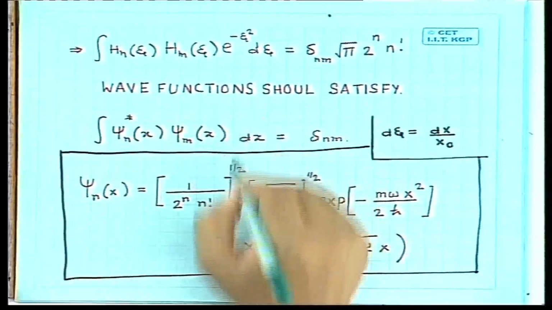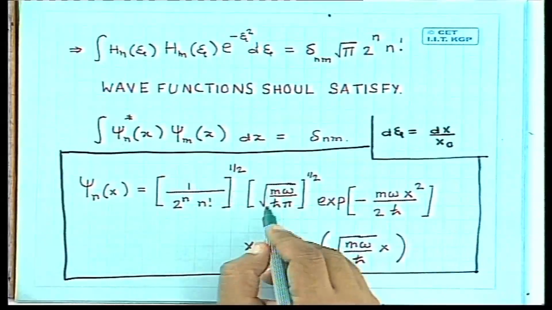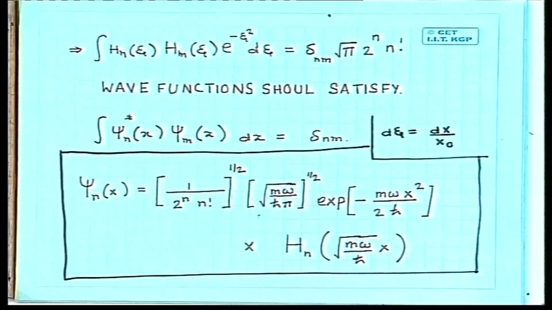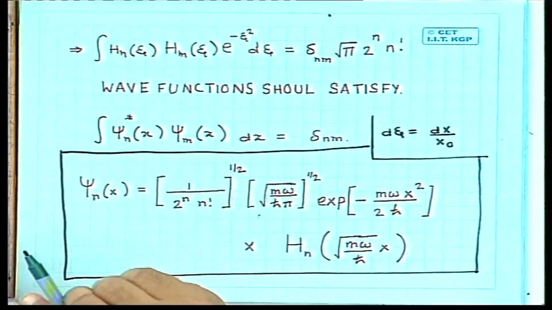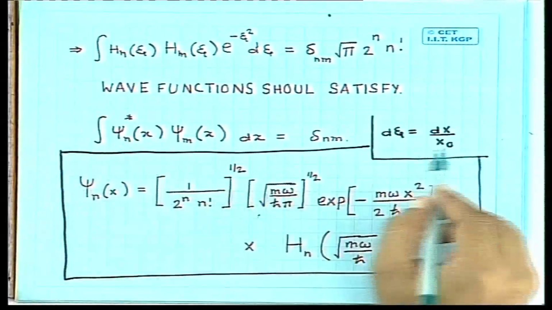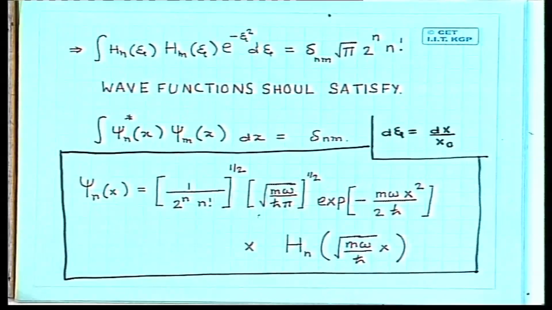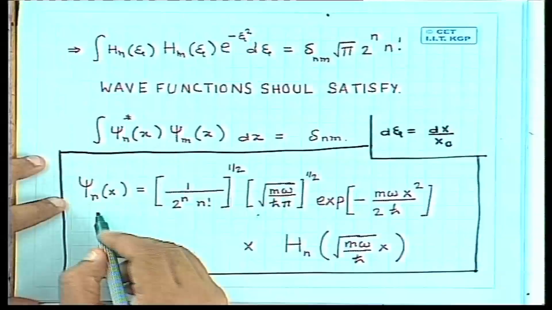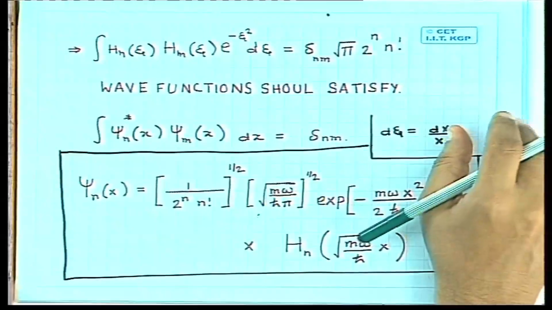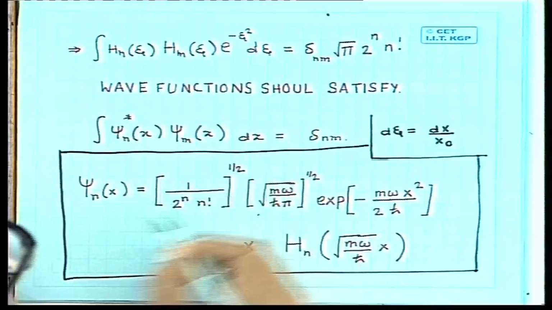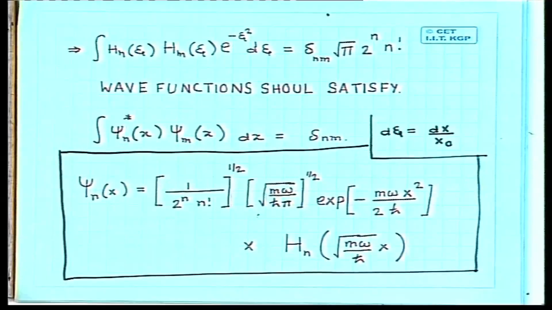So we have a 1 by square root of x naught coming in, which is what has gone into this term. Okay, so this is normalized with respect to x, and this is the form for any arbitrary eigenfunction of the Hamiltonian operator corresponding to an eigen number n. Okay, so the nth eigenfunction is this, and it is normalized.